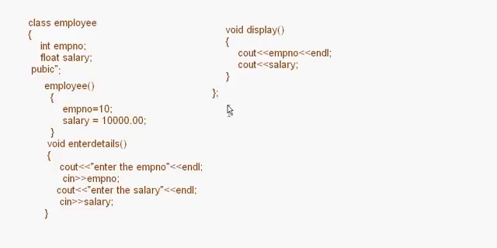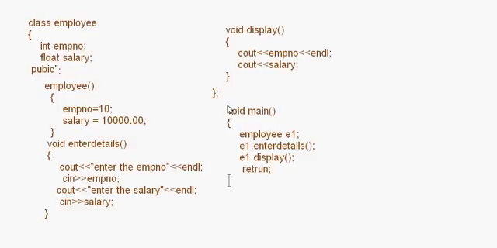Now let's see. This is void main here. Now in this, first of all I have to create an object of this class. So I call it as employee E1, right, and then I write E1 dot enter details and then E1 dot display, that's it, and then I give a return.